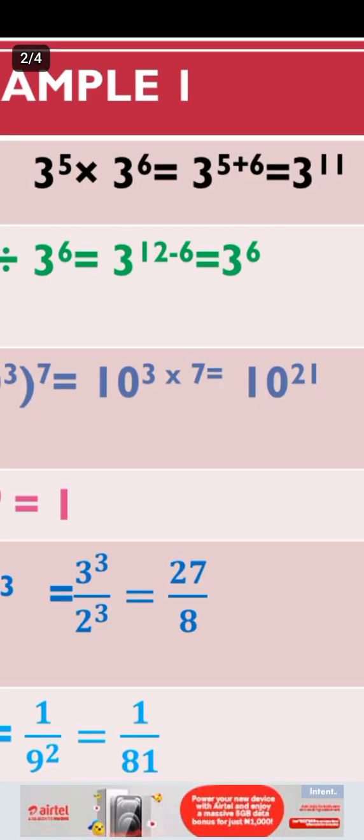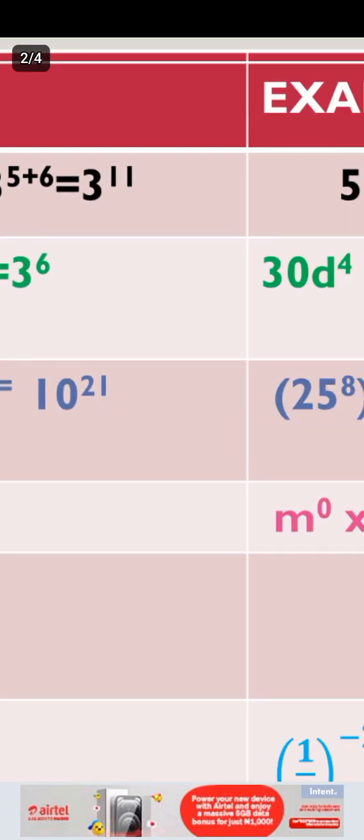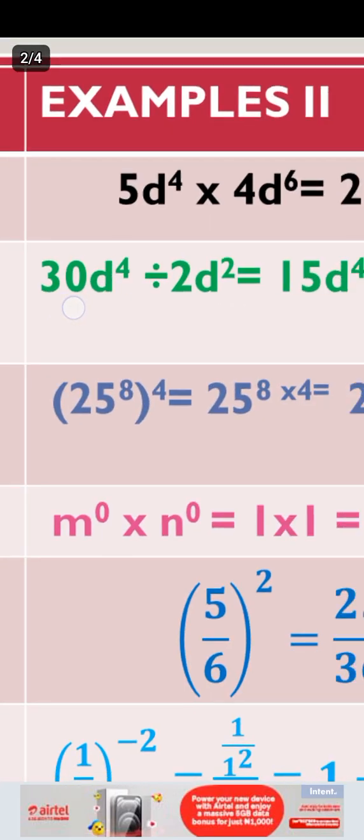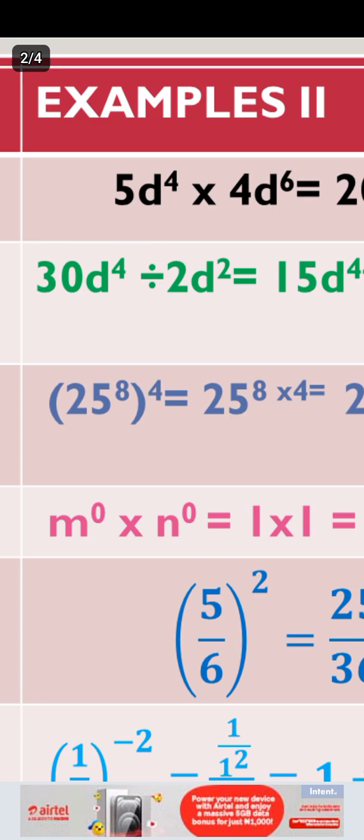Then example 2 in the next column, we have 30d raised to the power 4 divided by 2d raised to the power 2. This one involves numbers that do not obey the rules of indices. They are not of the same base, but it contains letters that are of the same base.